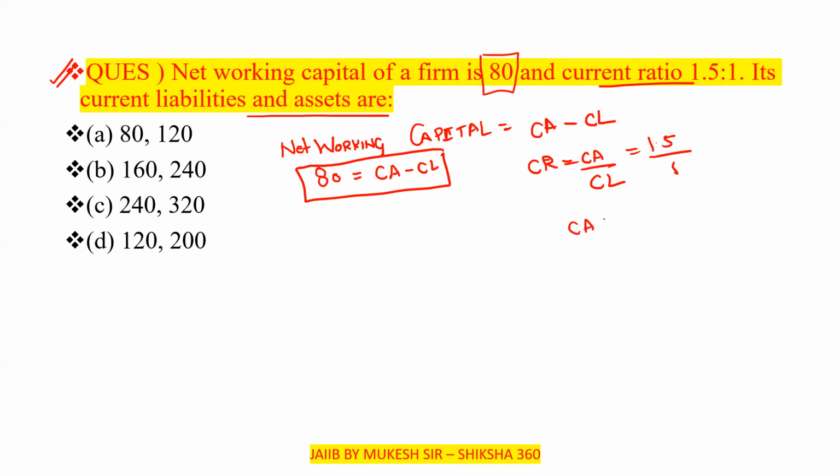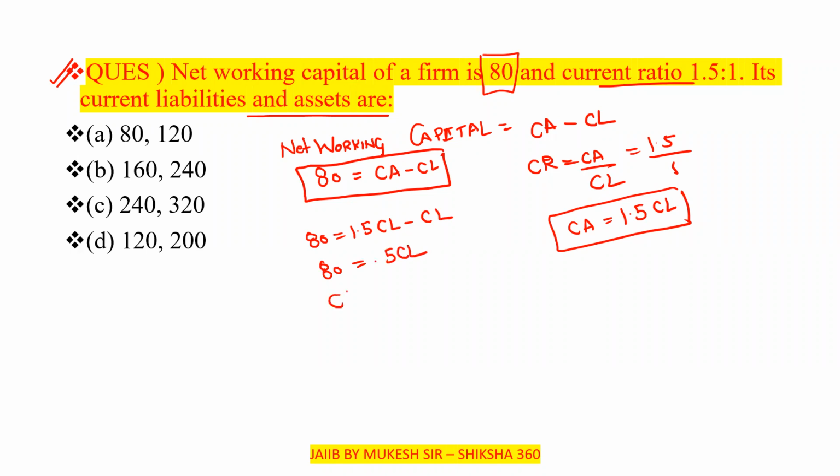So current asset here is equal to 1.5 current liability. Just substitute it here. So current liability here comes to be 160, clear?